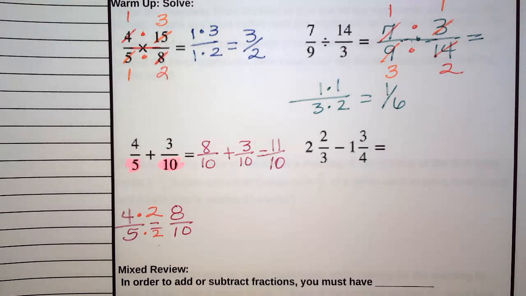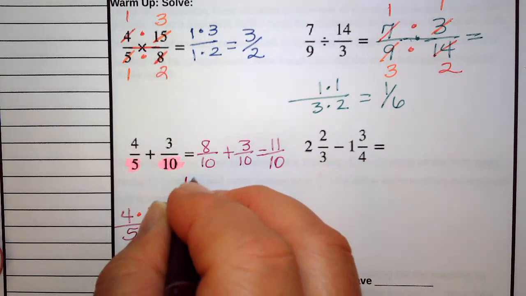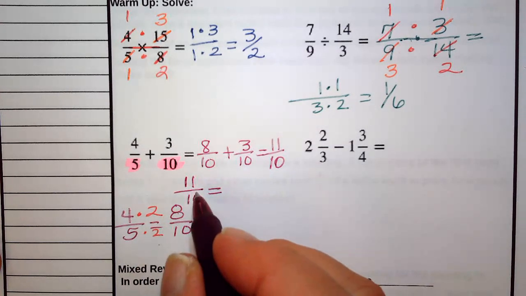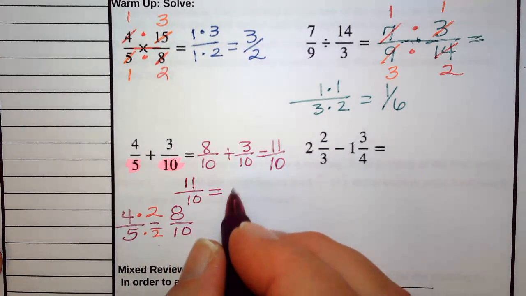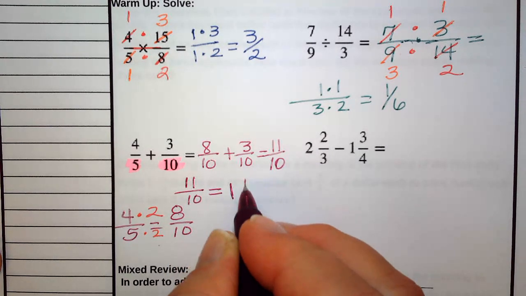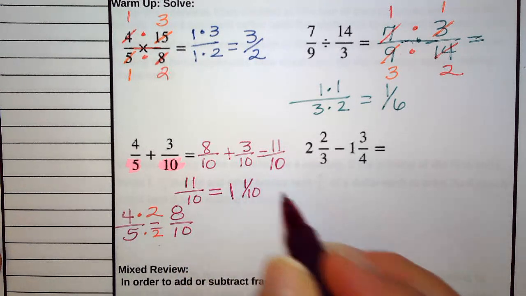Can I simplify? Can I change 11 over 10 into a mixed number, because it's already simplified? Yes. 11 divided by 10 is 1, with a remainder of 1. So it is 1 and 1/10.